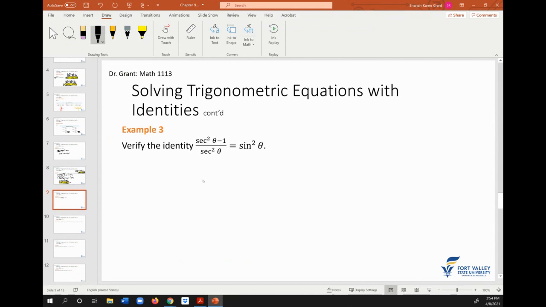All right, so here it says to verify that sine squared theta minus 1 divided by sine squared theta is equal to secant squared theta minus 1 divided by secant squared theta is equal to sine squared theta. Now with this, I want you guys to note we cannot just cancel.